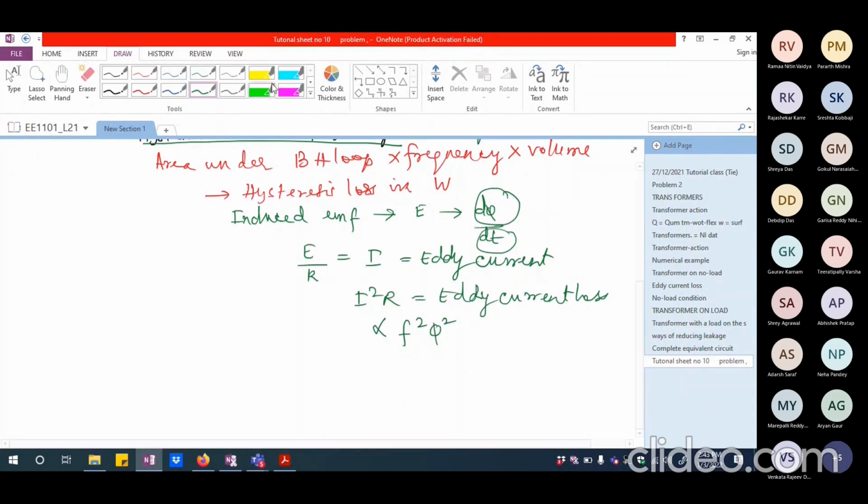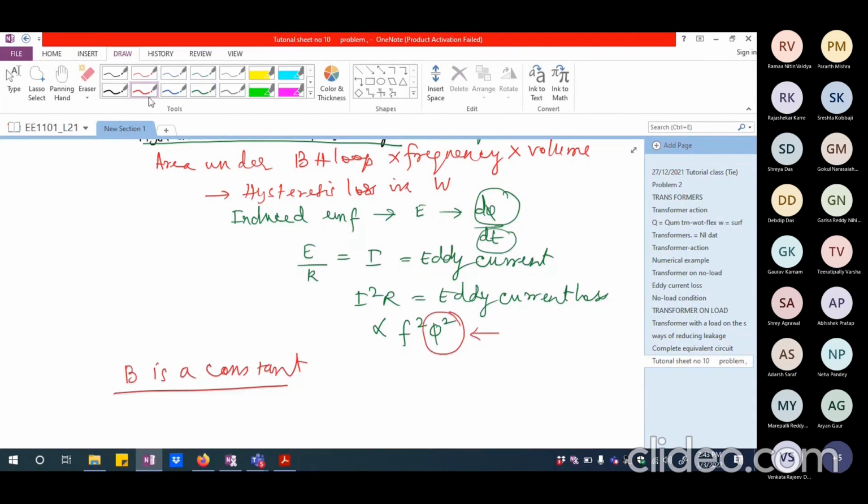If I assume that flux density is a constant that is not changing, as per the problem statement, B is not changing, which means flux is remaining constant.